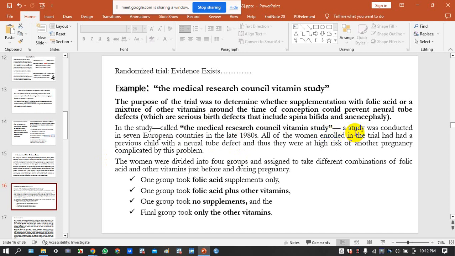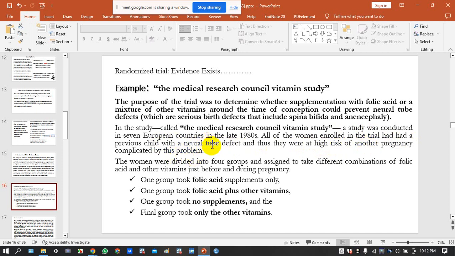This study enrolled in a trial women who had a previous child with a neural tube defect, and thus they were at high risk of another pregnancy complicated by this problem.